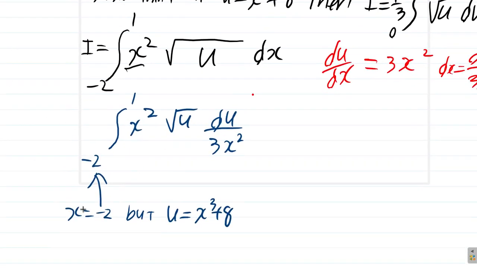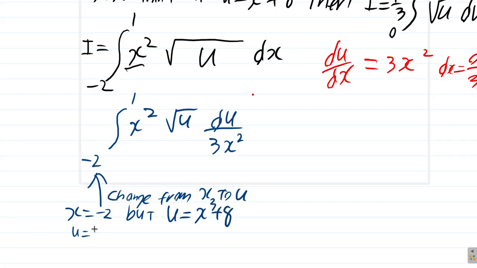You remember we're using the boundaries with u, not x. So we have to change from x to u, changing boundary from the value of x to the value of u. X, given originally, was -2, but u is x cubed plus 8.